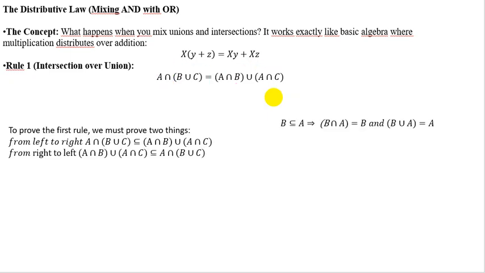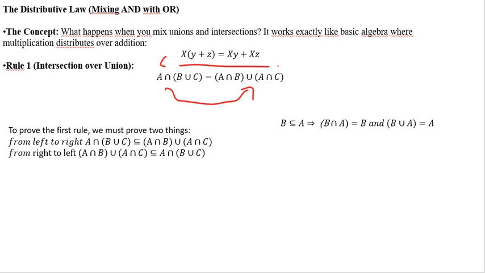Actually, to prove this rule we must prove two things. We must prove that from left to right, this is a subset of this, and from right to left, which means this is a subset of this.